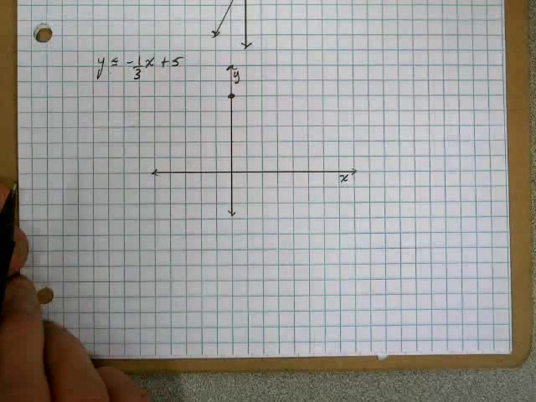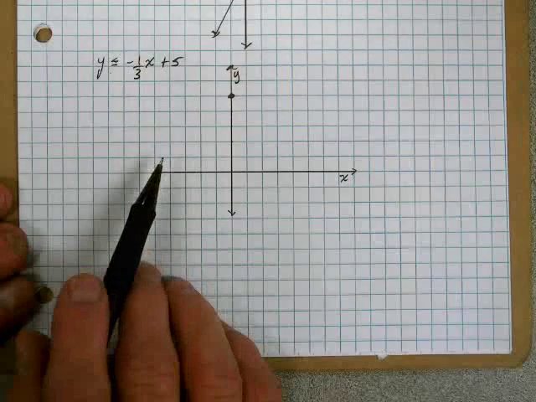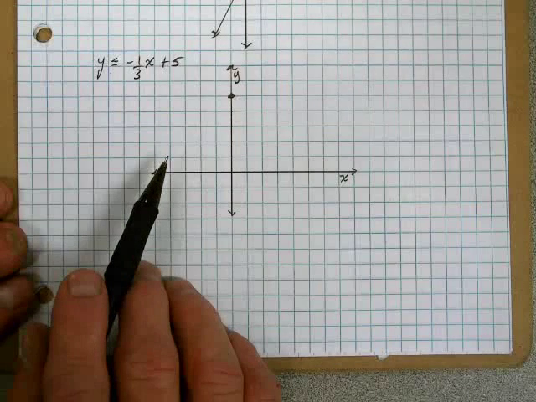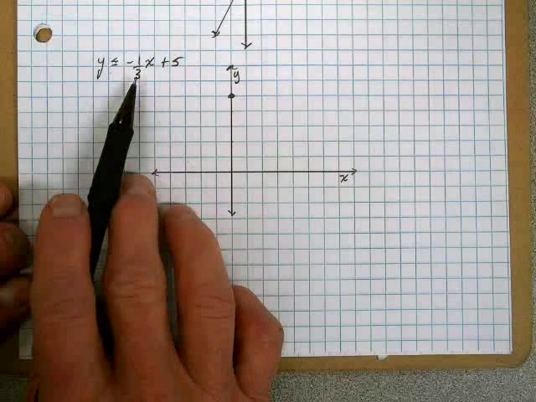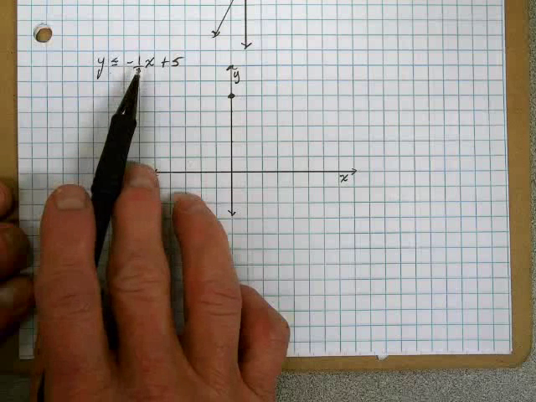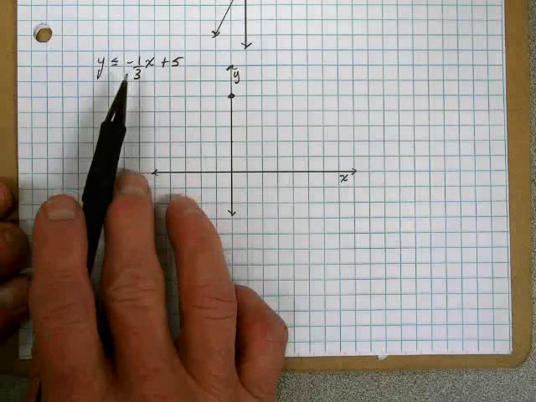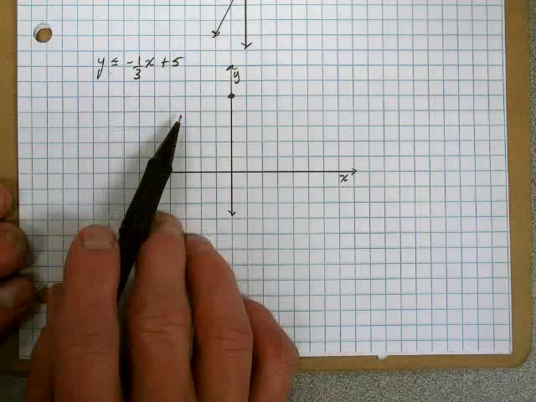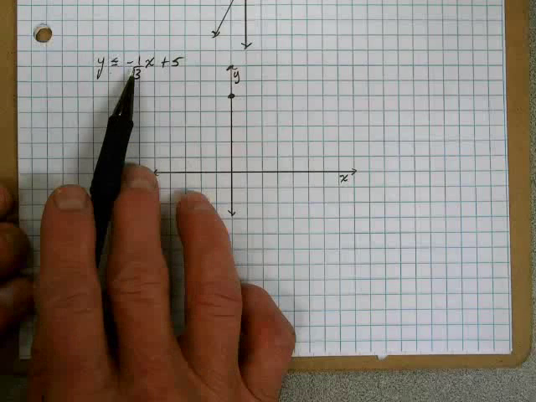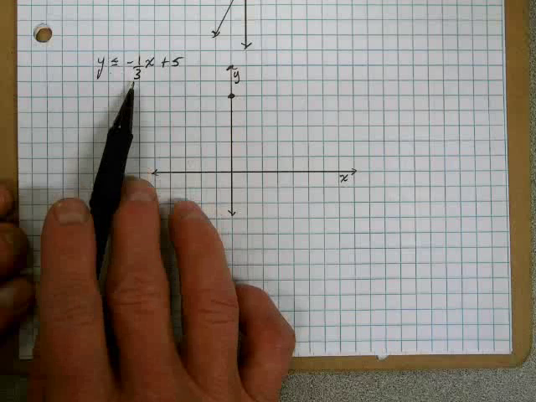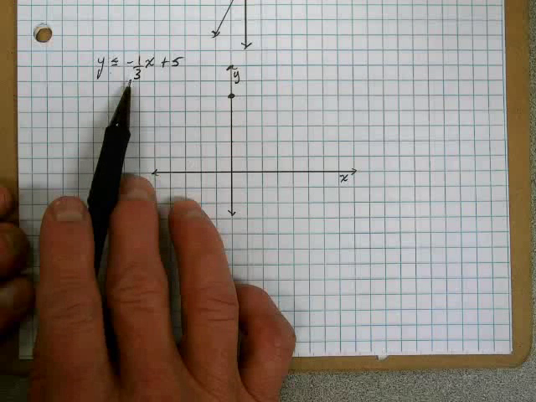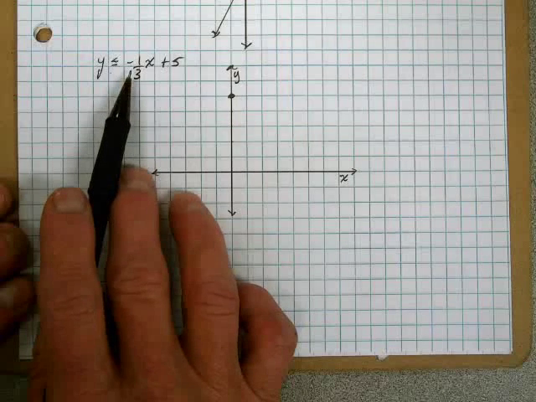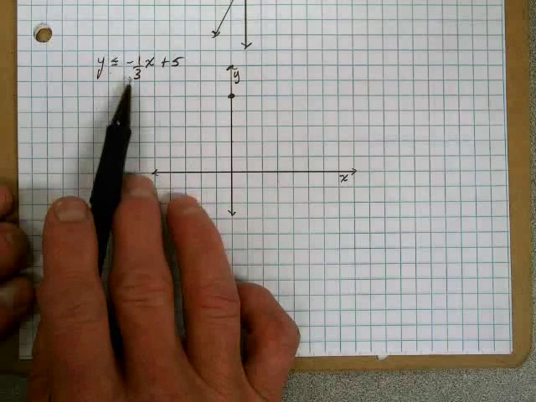Next, we're going to use slope triangles to draw at least two more points using the slope negative 1/3. This time, I'm not actually going to draw the slope triangles. I just want you to know that the slope triangles are essentially the process I'm using, but I'm not writing that information on my graph. So this slope, delta y over delta x, you probably have heard other teachers use the term rise over run.